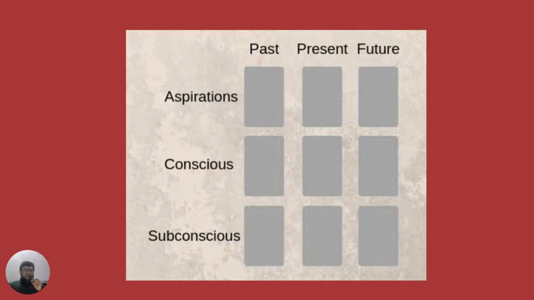The first row of three cards on top represents his aspirations, dreams, and goals. The second represents his consciousness, meaning what he is feeling in his mind, what ideas are going on, what plans are there.